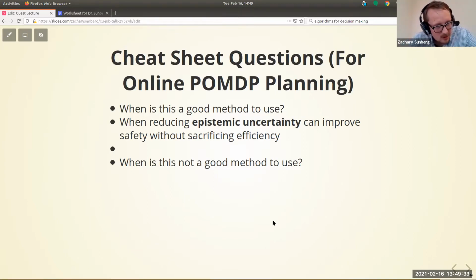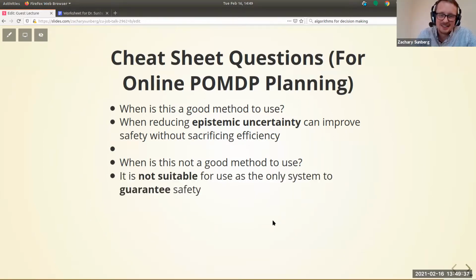If you only have a safety problem, well, I guess that's the answer to the second question. If you only want to guarantee safety, these POMDP tree search methods are terrible for it, because there's a very big probability that your unsafe states will never get sampled. Whereas something like Hamilton-Jacobi reachability is a much better way to do that, because it says in the worst case, this set of states is never going to occur.